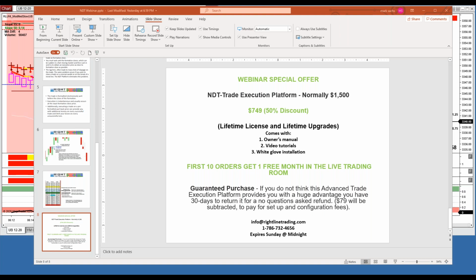Basically, you're only risking $79, and you get to use it for a month. You don't like it, you don't have to keep it. We'll take it right back, minus 79 bucks for Sergio's programming time. And it's really a very, very low risk deal. And I wanted to make it that way.